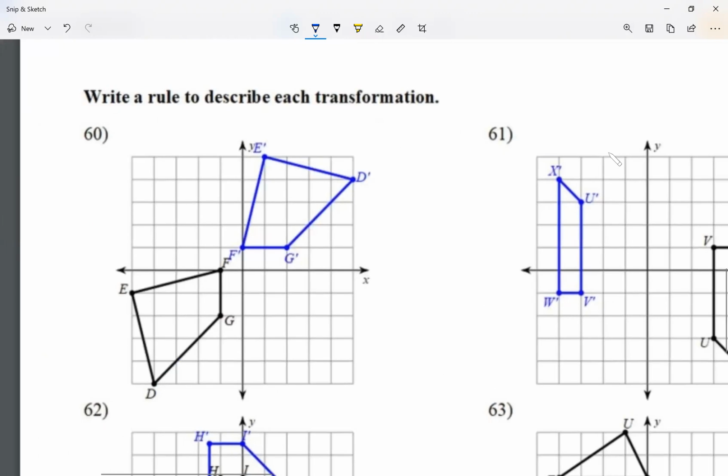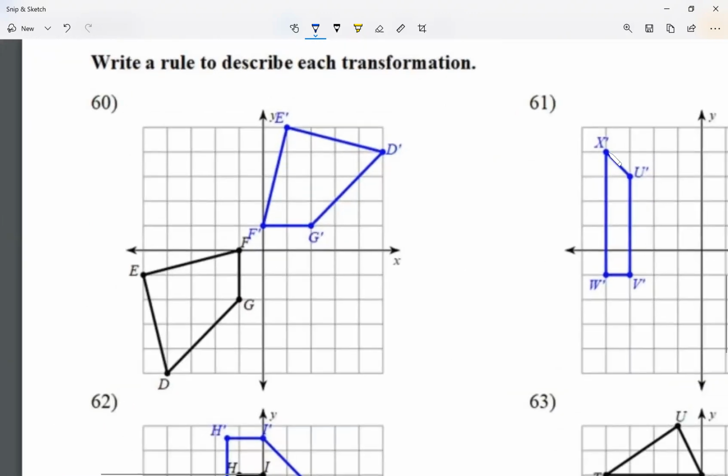Question number 60. We have to write the rule to describe the transformation. It doesn't quite look like translation, because on the pre-image, in the beginning, F was the highest point.